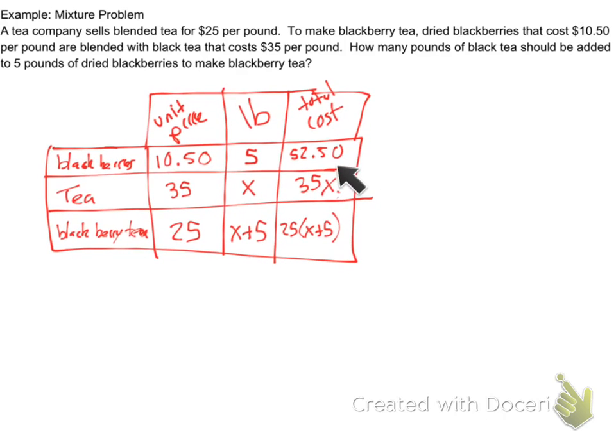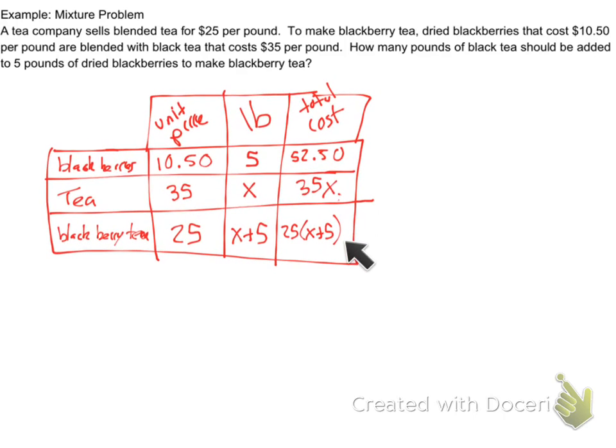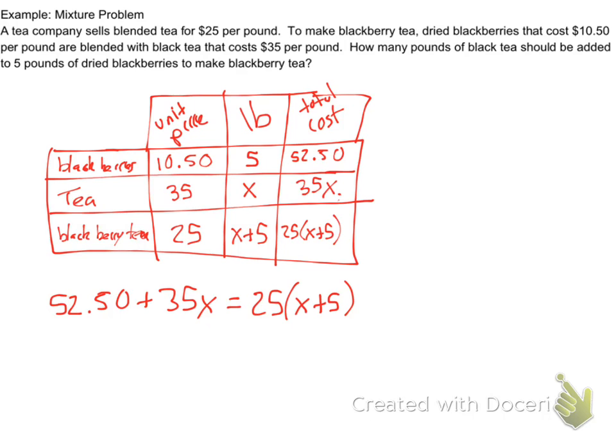I can take the top 2 rows and add them and set them equal to the bottom. So what you get is 52.5 plus 35x equals 25 times (x plus 5).